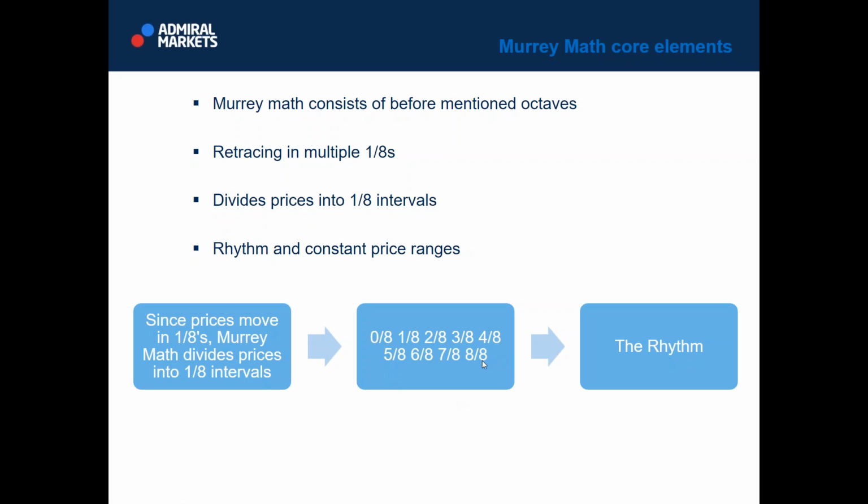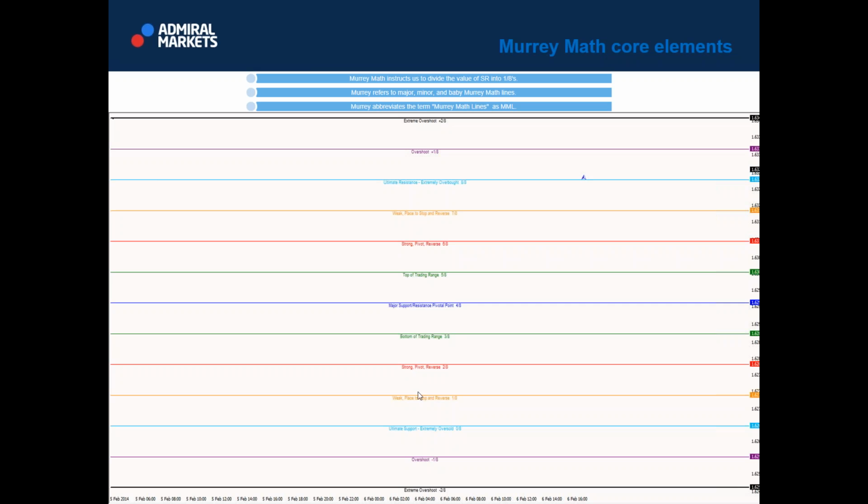If the market price goes above 8/8, it will magnetically be pulled towards plus 1/8, and above plus 1/8 we have plus 2/8. So the market has overshot. This is how it looks. Extreme overshoot happens at plus 2/8, and extreme overshoot to the downside happens at minus 2/8.